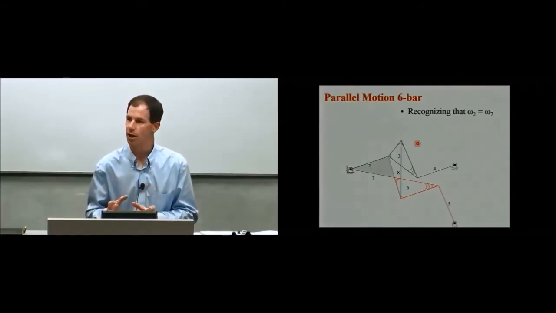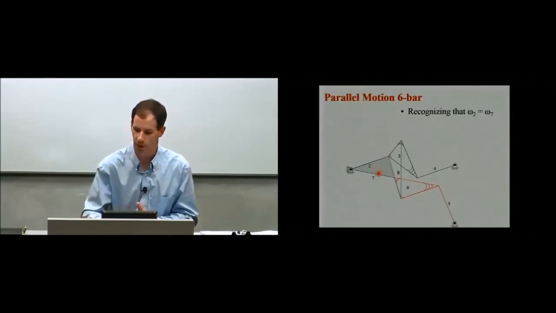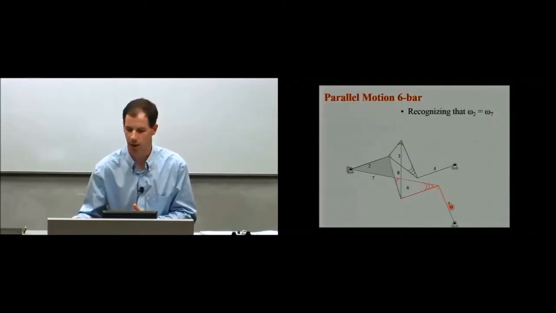Now we still have an overconstrained mechanism here because we've got these two cognates and they happen to be linked together here, and I'm also forcing this to be a ternary. So I have an overconstrained mechanism here. So what we can do is throw away this link 5 over here and then collapse this coupler down so that it only consists of going from this moving pivot to the moving pivot with the link that maintains parallel motion.